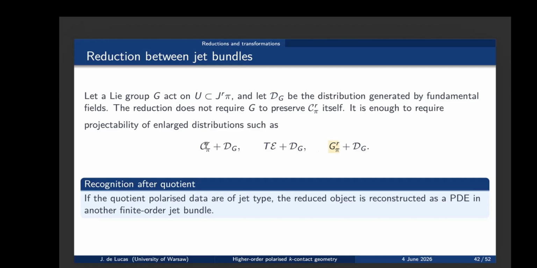However, you have the local recognition theorem, which tells you when these objects come from a jet manifold. Under very general conditions, the reduction retrieves a K-contact manifold with a polarization of jet type, of another order probably, related with another, different jet manifold.